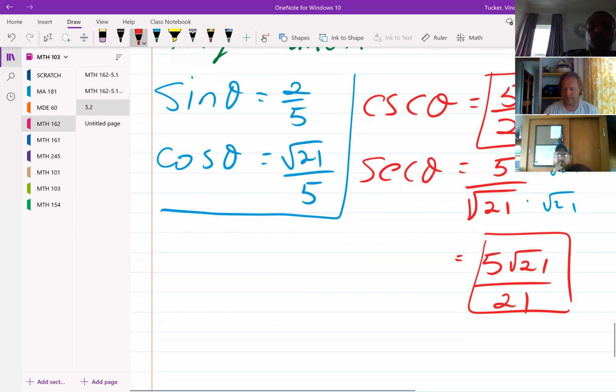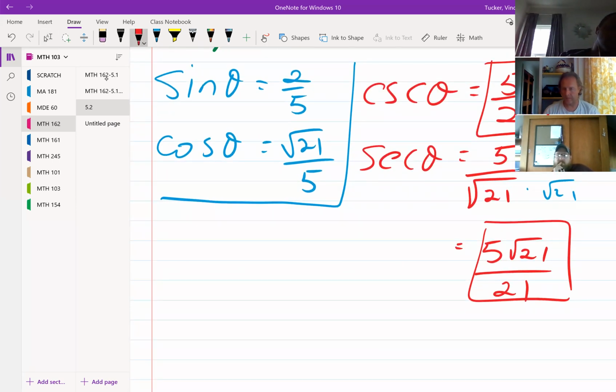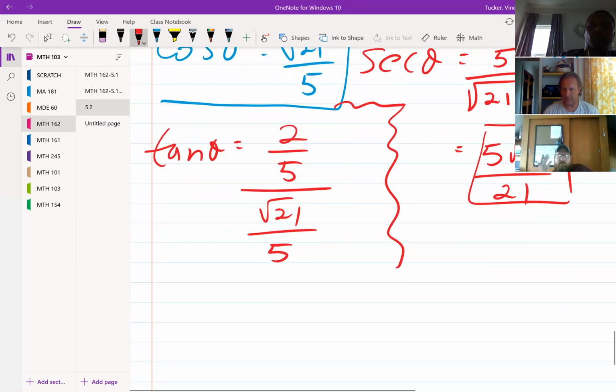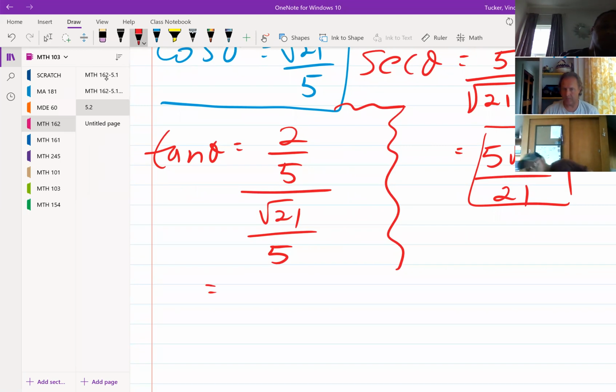All right, so next one is tangent. That is sine over cosine. So 2/5 over square root of 21 over 5 is the same thing as this.